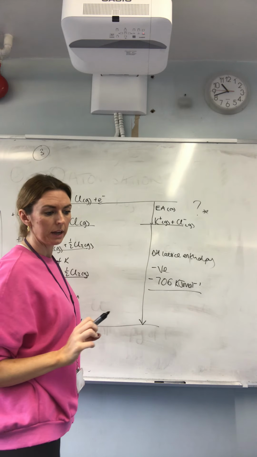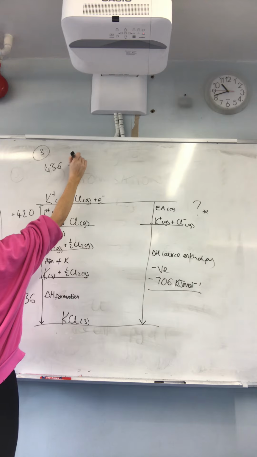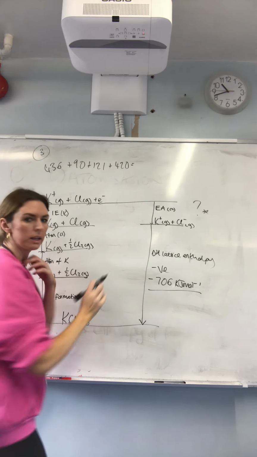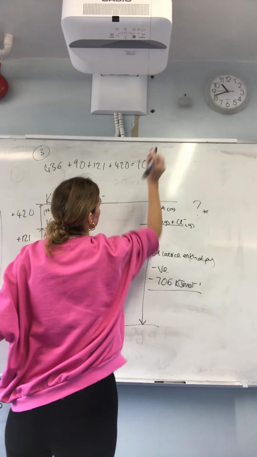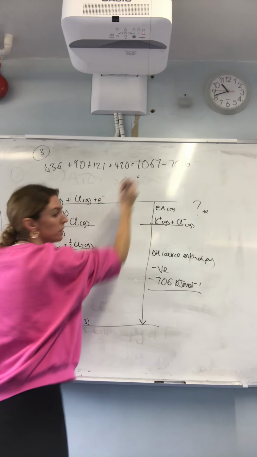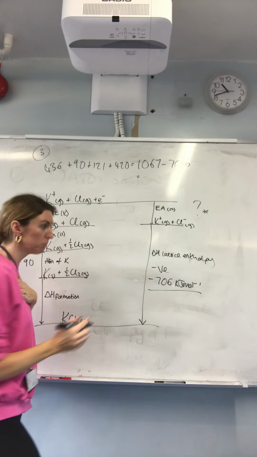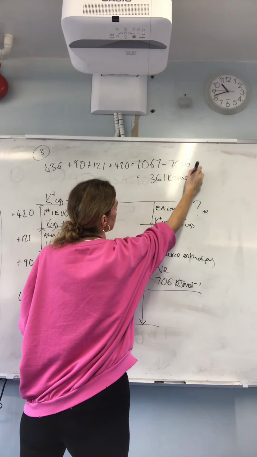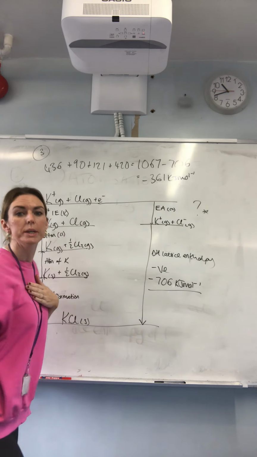So doing that calculation, 436 plus 90 plus 121 plus 420 gives you 1067. Subtracting 706 from that leaves you with an electron affinity of 361 kilojoules per mole, and that is an exothermic process, so we need a negative sign.